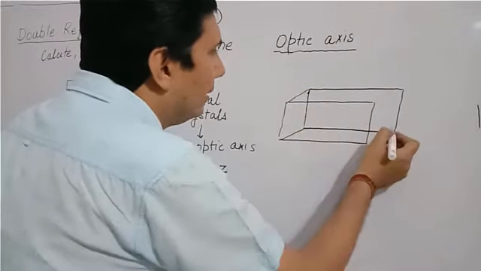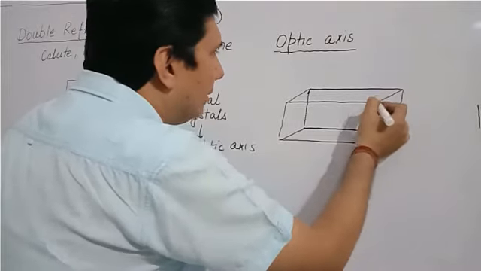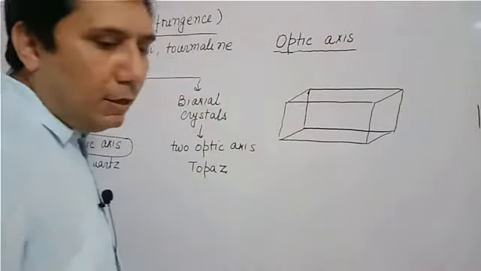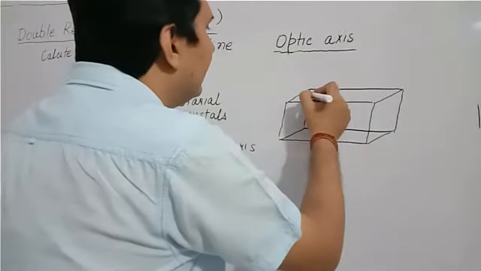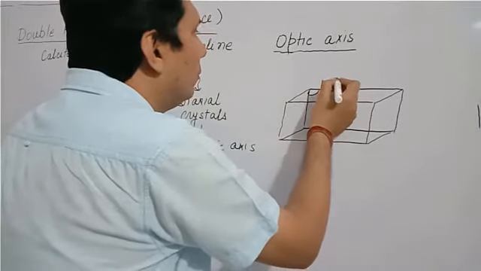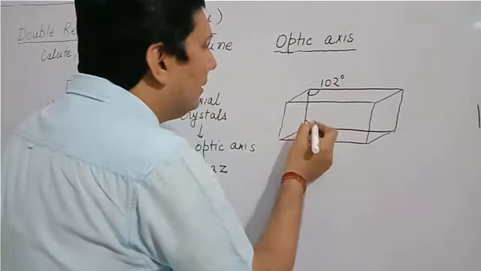The characteristic angles of these calcite crystals are 102 degree and 78 degree.